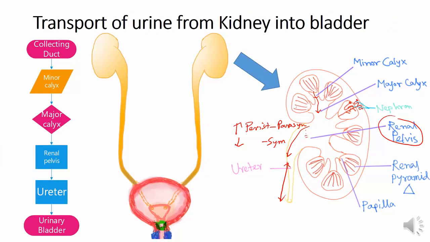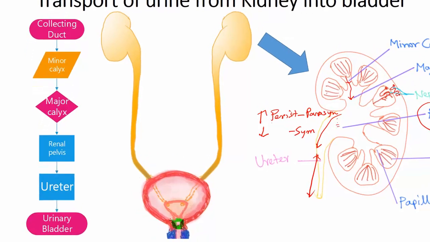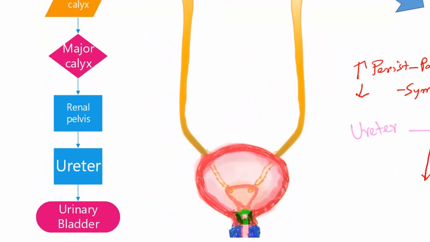Now from the ureter, urine comes to the urinary bladder. You know the ureter goes obliquely through the detrusor muscle. Here the ureter goes obliquely through the detrusor muscle. Now the normal tone of the detrusor muscle tends to compress the ureter opening, or the opening slit of the ureter.